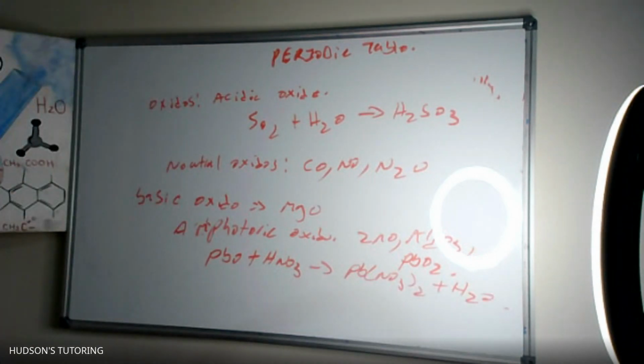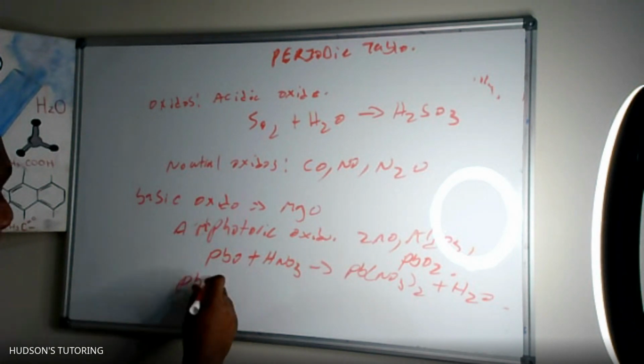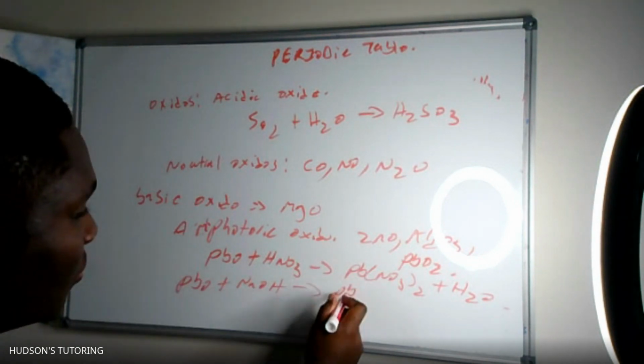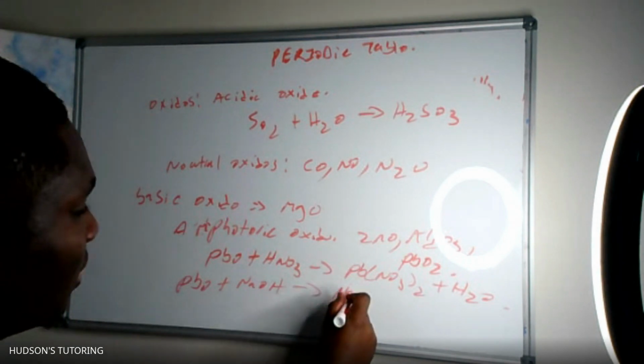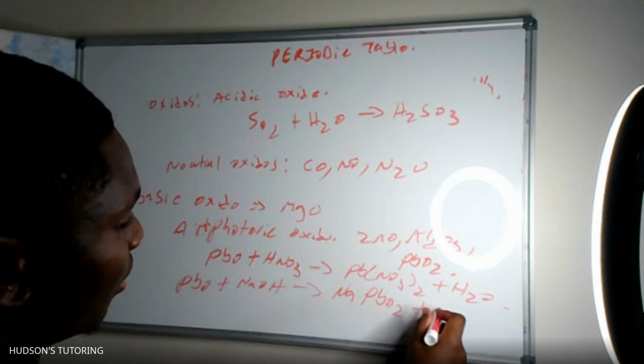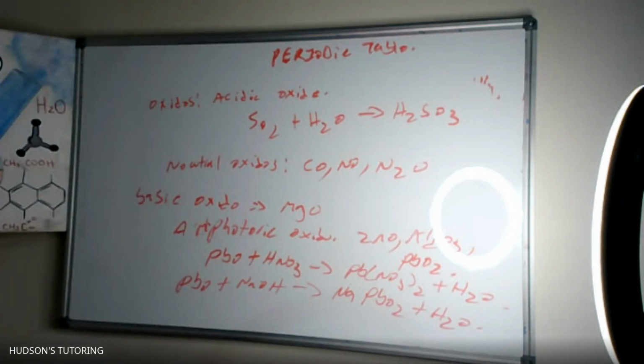But if you have lead oxide reacting with sodium hydroxide, it's going to form a plumbate, that's NaPbO2, which is sodium plumbate, and water. Right, so these are the reactions showing the different acid-base properties. So you have acidic oxides, which are non-metal oxides, basic oxides, which are metal oxides, and all of that. So that is pretty much it for acid and base.